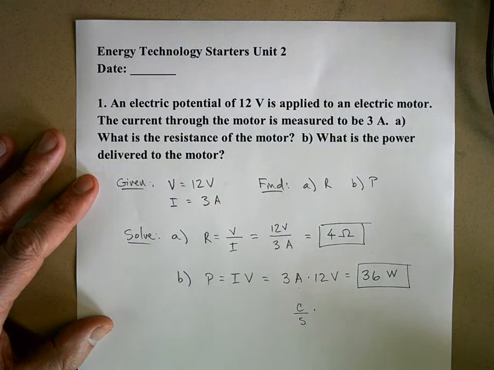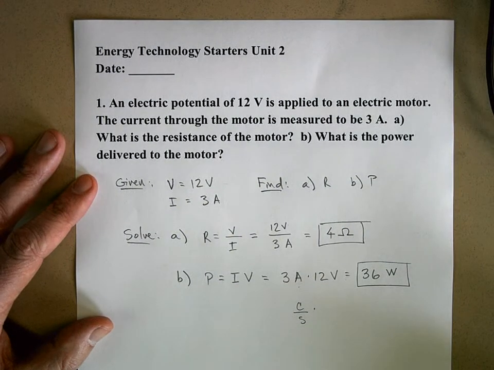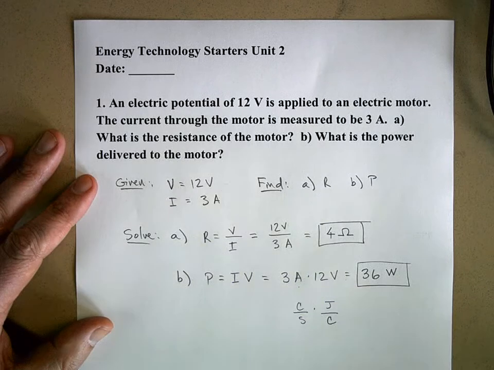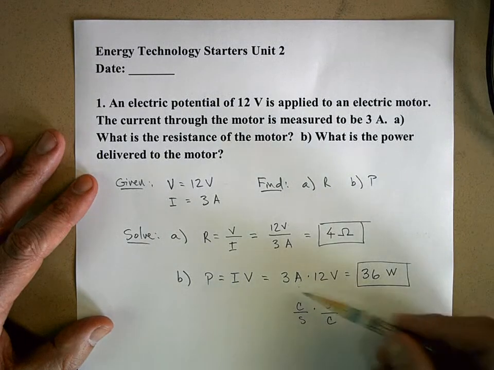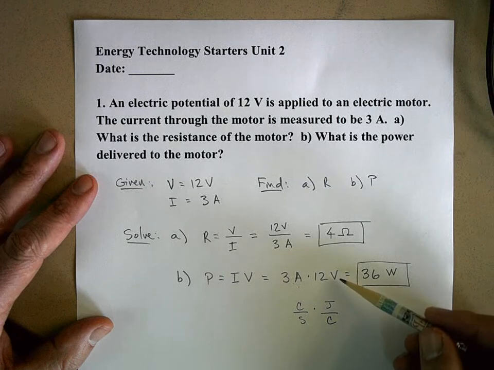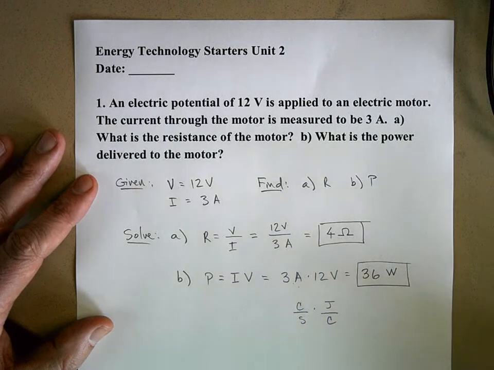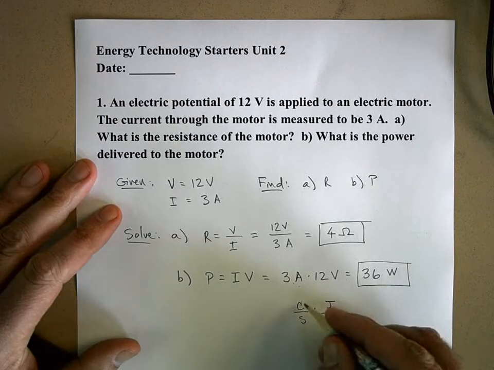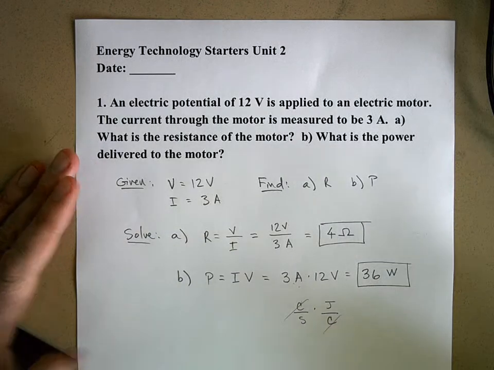And what is a volt? A volt is a joule per coulomb. So if you have 3 coulombs per second going by, and each coulomb delivers 12 joules of energy, you're going to deliver 36 joules of energy every second. So that's how that works.